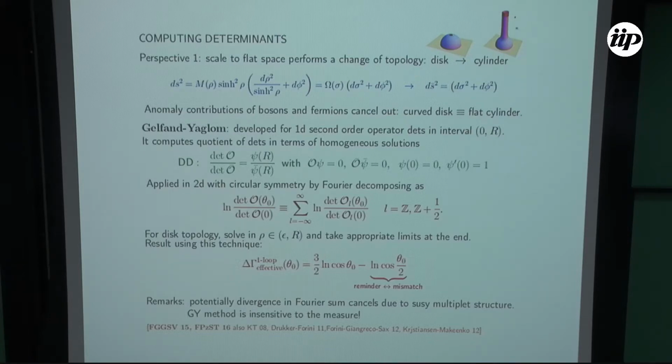So when I want to compute this determinant, I have to place boundary conditions at 0 and at R.